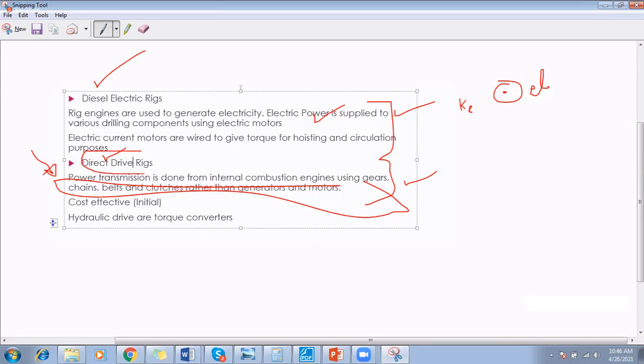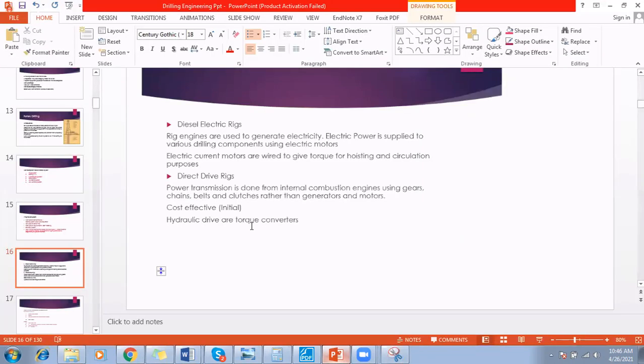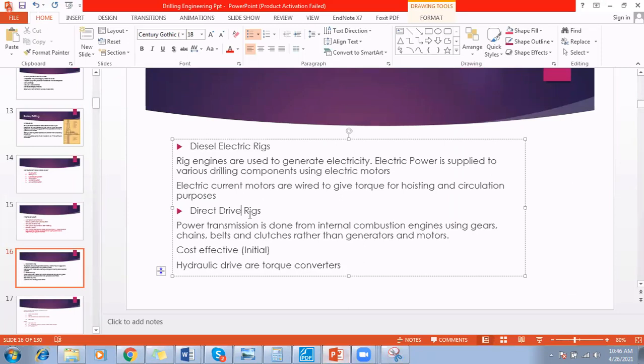The initial consumption of finances will be higher in the direct drive rig, and there is no other technical difference mostly associated with them.